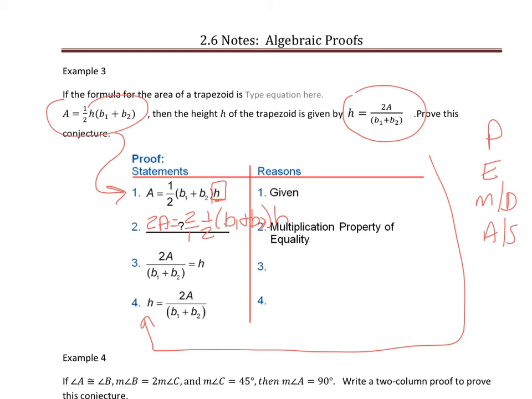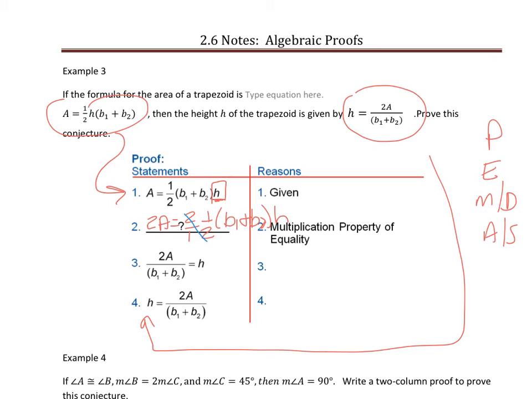And now we have some simplification that we could do all in one step. So 2 over 1 times 1/2, that would be 2 over 2 or just 1, so that would cancel. Now h is being multiplied by the sum of these bases. How can we undo this multiplication? We would undo that multiplication with division.